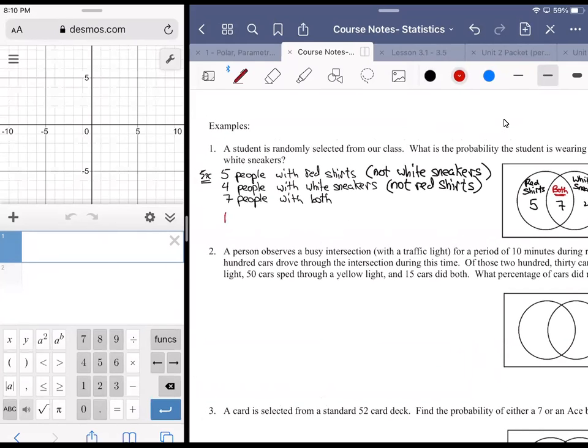So I'll get into the probability. So probability of red shirt or white sneakers. The sentence is true if either part is true.